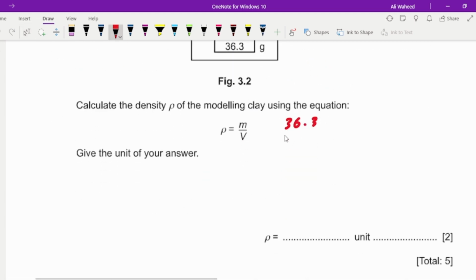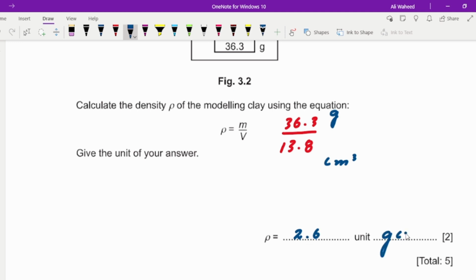That's the value for the mass. Mass was in grams and the volume was in cubic centimeters, because we'll need to write the unit as well. 2.6 grams per cubic centimeter.